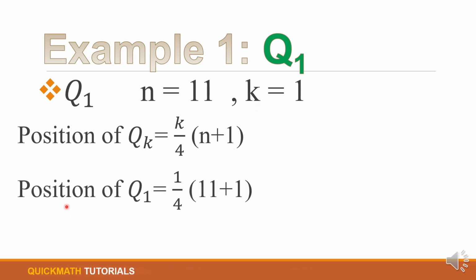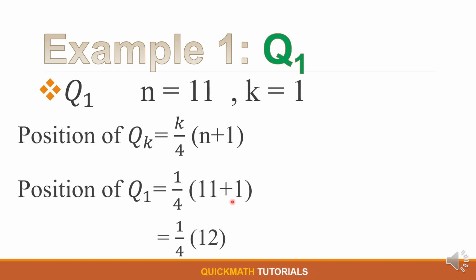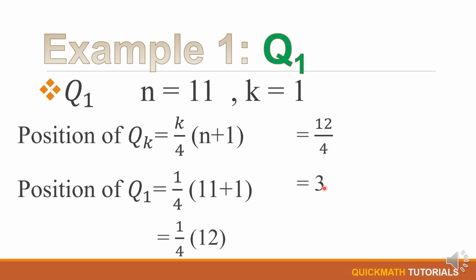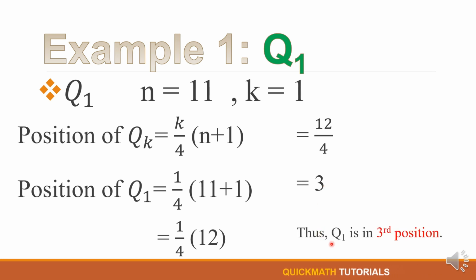We have the position of Q sub 1 is equal to 1 over 4 times 11 plus 1. 11 plus 1 is equal to 12. And 12 times 1, we have 12 over 4. And 12 divided by 4 is equal to 3. Thus, Q sub 1 is in third position.